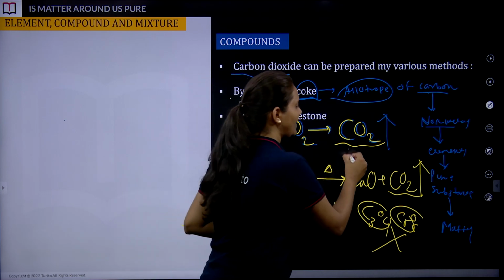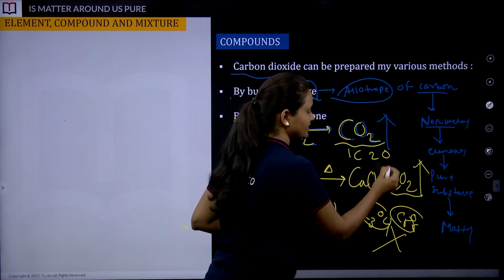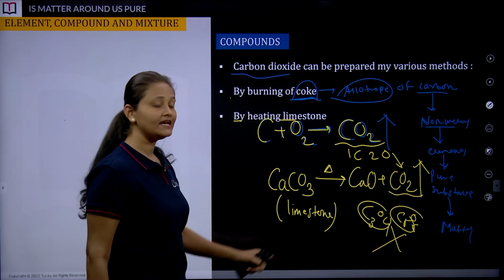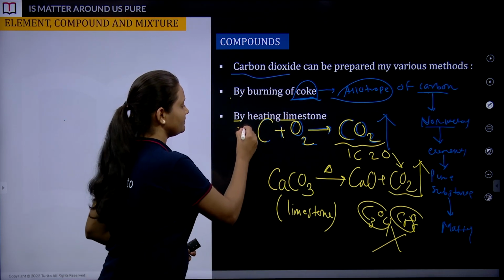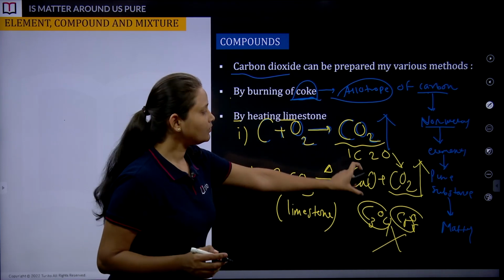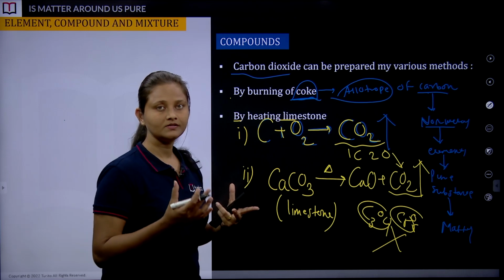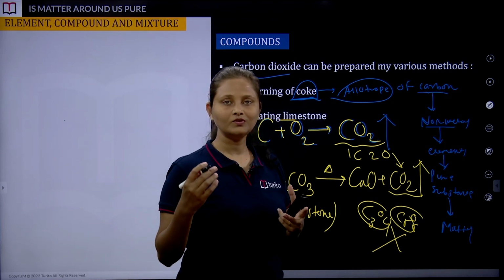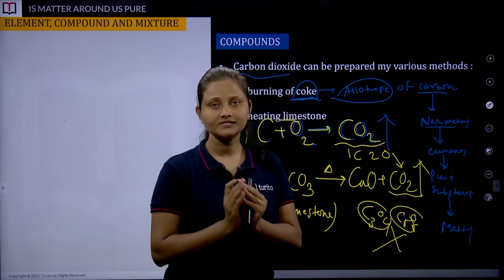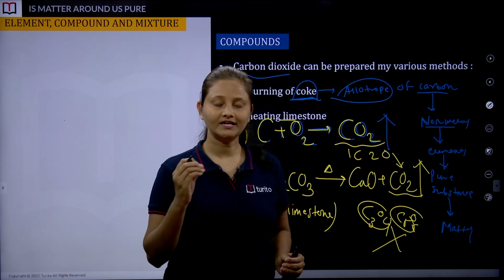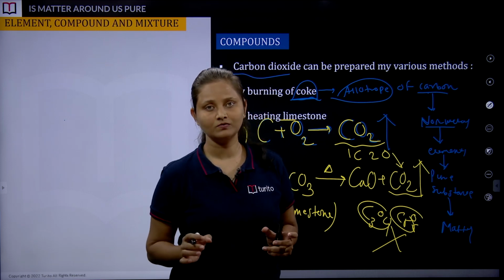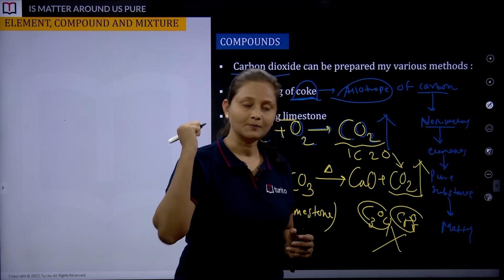See, one part of carbon, two parts of oxygen. The same we are able to observe here, which we have obtained by heating limestone. This is your method number 1. This is your method number 2. So CO2 is your compound, in which one part of carbon is reacting with two parts of oxygen, which is fixed. Try to understand, fixed proportion ratio. That is where we make the difference between elements and compounds, though they are pure substances.